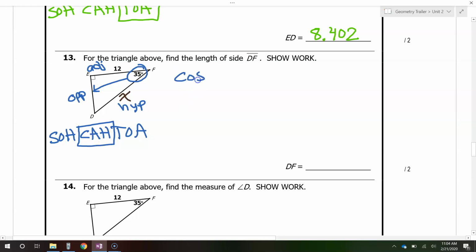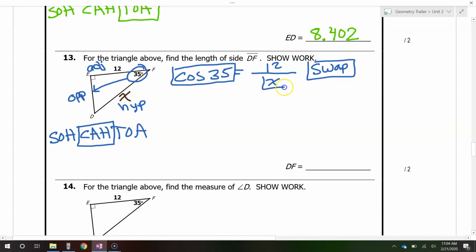So we will say cosine of the angle that we circled is equal to adjacent over hypotenuse. So that'll be 12 over x. All right, when the variable is in the denominator like this, this is the one where we swap. We're going to take the cosine 35 and the x, and we're going to swap these.